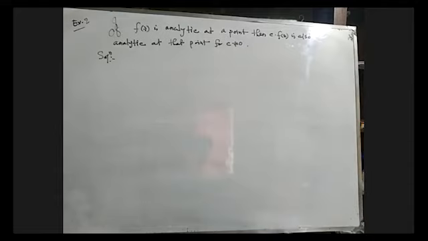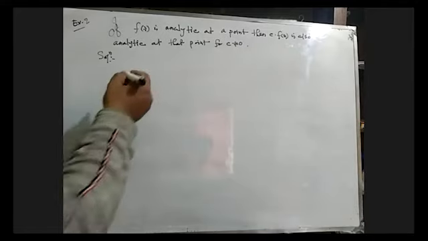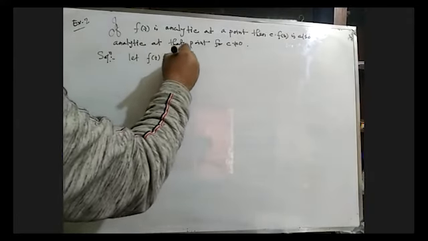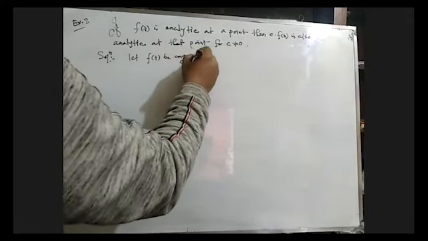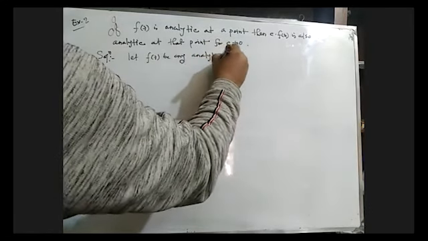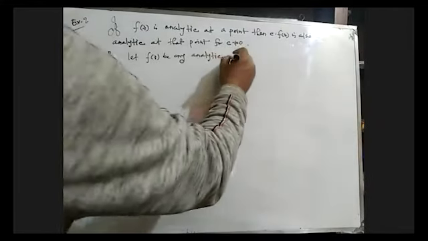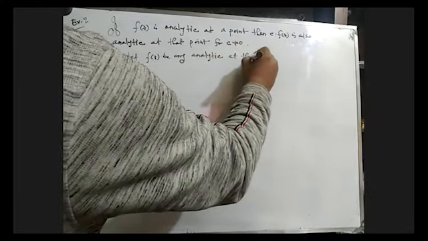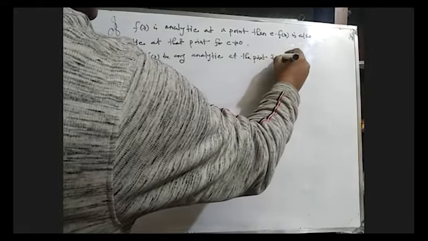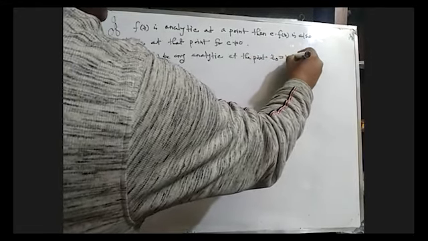Let f of z be analytic at the point z naught equals x naught plus i y naught.